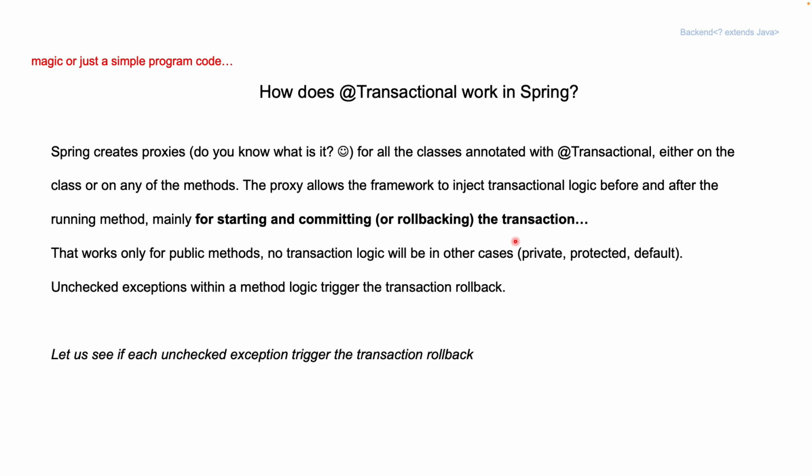The main difference between the proxy pattern and the wrapper pattern is that in the proxy pattern, we control access to our source class. If we use the annotation @Transactional, it means that this transactional logic will be in place only for public methods. No transactional logic will be in place in other cases, in other methods, which are private, protected, or default. Unchecked exceptions within a method logic trigger a transaction rollback.